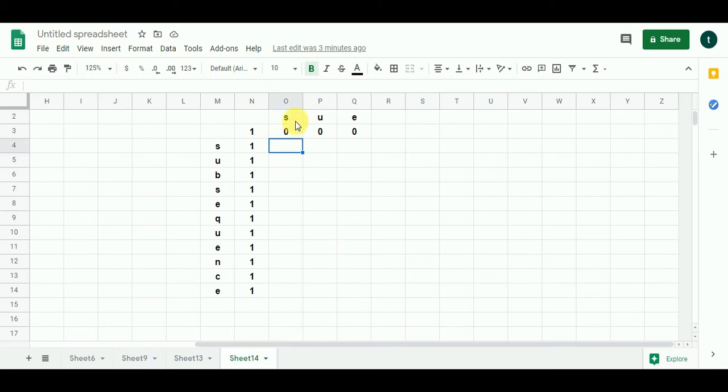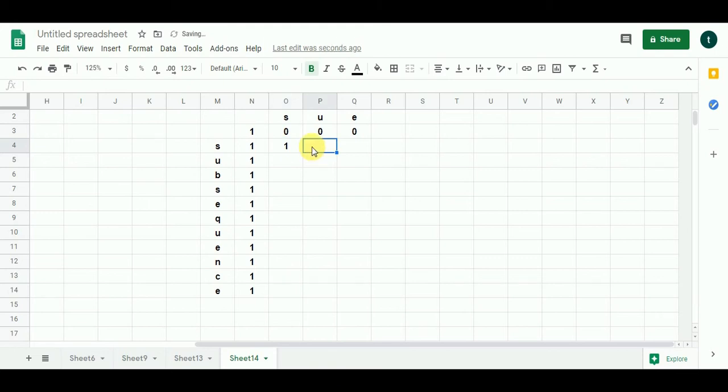Now this is our string which has to be a subsequence in this string. So now we are comparing S with S. Does S appear as a subsequence in this string S? Yes, it appears as a subsequence in S. How many times? Just one time. So I put 1 over here.